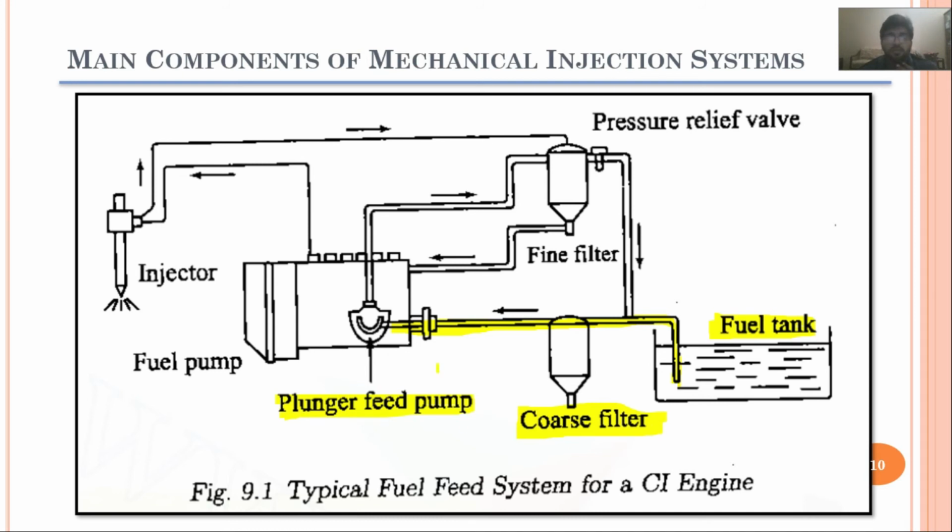Then this plunger feed pump will pressurize the fuel, but not significantly. Before going into the fuel pump, it will go through the fine filter as well, and after passing through this fine filter, it will go to the fuel pump.